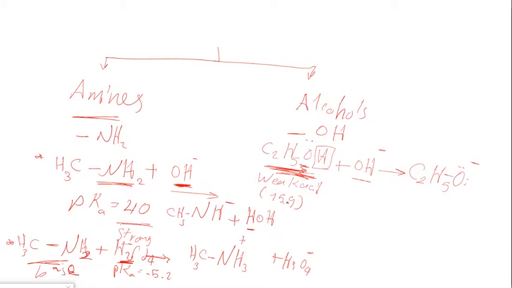In the case where we react C2H5OH with a strong acid, like we have done here with H2SO4, which is sulfuric acid, because the pKa of this acid is lower than the alcohol, the alcohol will act as a base, but a weak base, and it will accept another proton from the sulfuric acid.